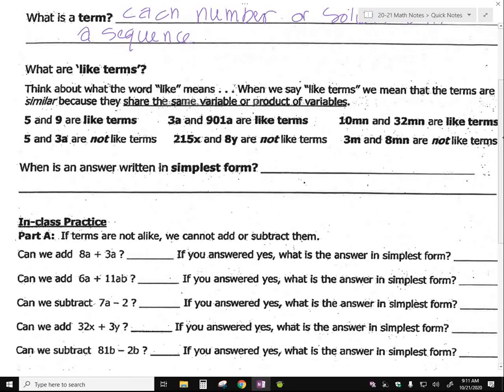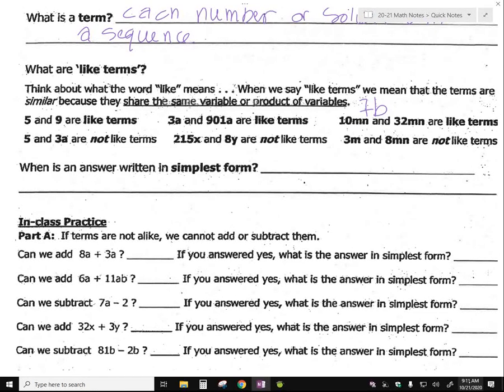When we say like terms, we mean terms are similar because they share the same variable or product of variables. And remember, whenever you have a coefficient, like for example 7b, that's a product. The multiplication symbol is not needed there because the coefficient 7 and the variable b, that's multiplication together.